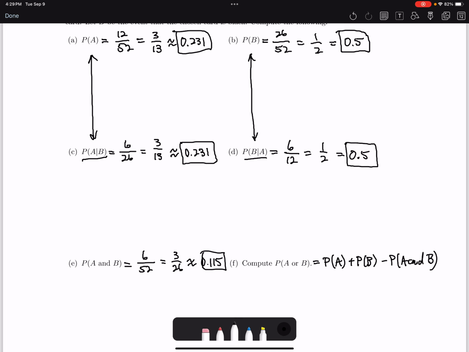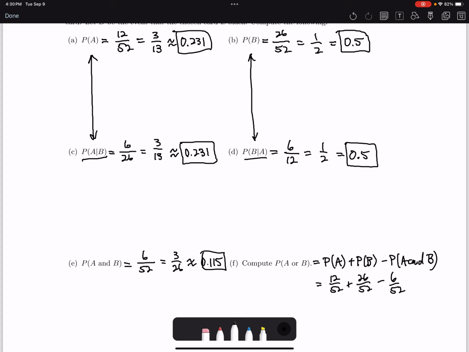And I kind of like the formula. To me, it makes it a little bit easier since I've already done all of the work already. Probability of A was 12 out of 52. Probability of B was 26 out of 52. But then the probability of A and B was 6 out of 52. I'm using the unreduced versions because it's easier to do the math that way. But I guess if you're going to use Desmos anyway, it doesn't really matter, right?